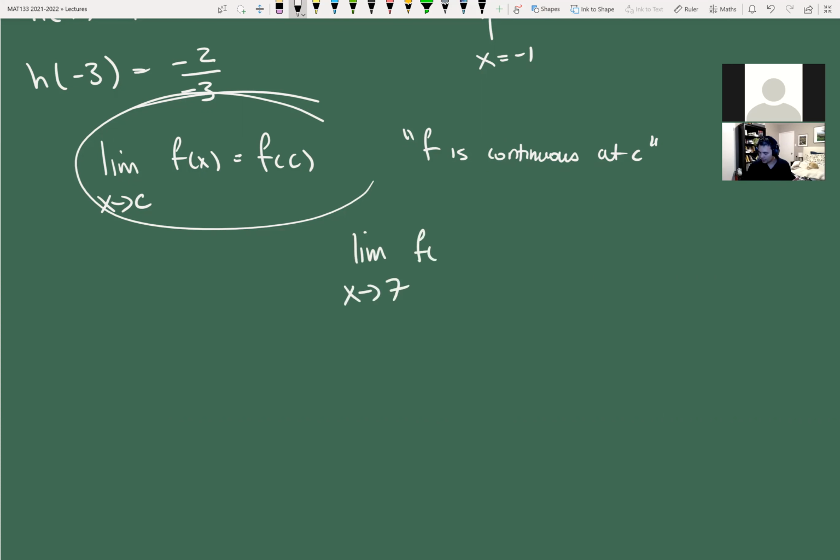So if I write this and people see equal, they assume that means it exists. This does not exist, but does not exist in a very special way. Do you know what I mean? Exactly. Yeah. Infinity fails to exist. If it's equal to infinity, we're saying it doesn't exist, but it doesn't exist in this special way versus there's other ways that a limit could fail to exist, right? So this is us classifying further how the limit might fail to exist, right? So yeah, this does not exist.